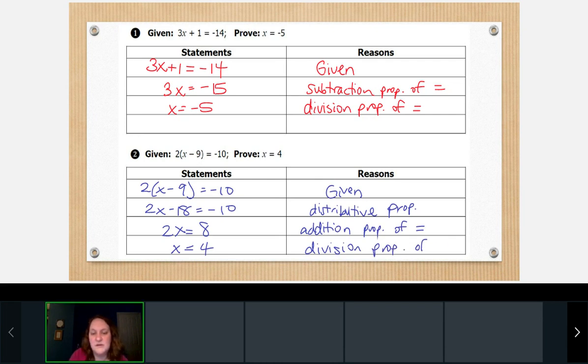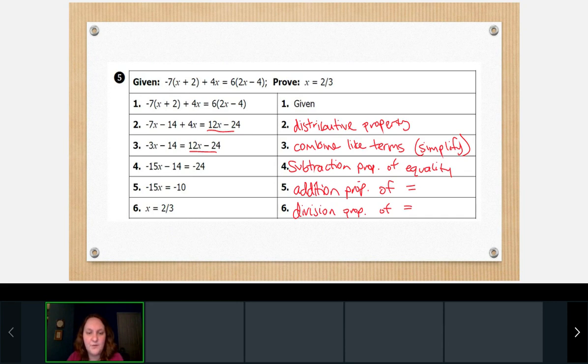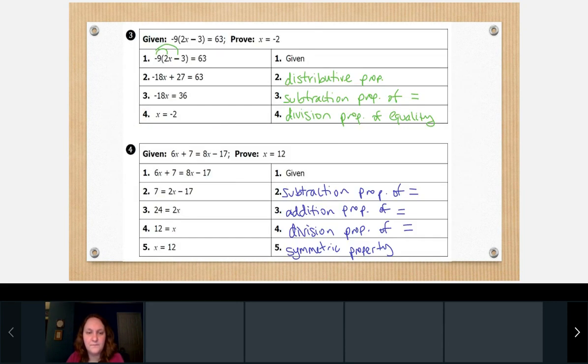Hopefully this felt easy for us, especially if we did that get ready for geometry unit there at the beginning. There's one word I want to bring to your attention that did not show up in any of our proofs. I had a given, I had a prove, I had a given, I had a prove. Notice that in every proof that we've written, I have never once used the word prove as a reason.